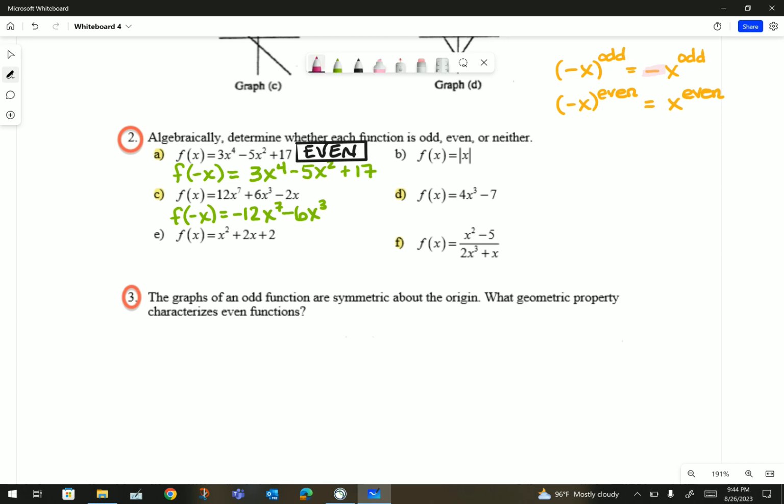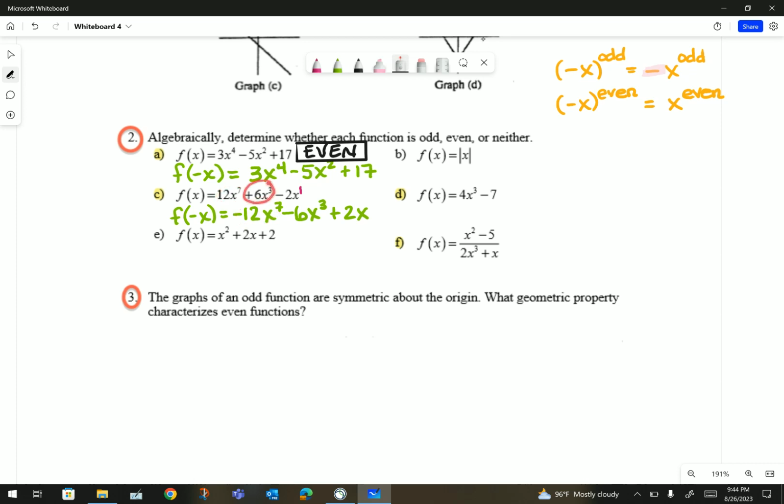Negative 2x to the invisible 1 power. That's an odd number. It's not 0 because it's invisible, it's a 1. Negative 2x to the first power is odd, so it forces that term to become positive 2x. So all the odd number exponent terms end up switching sign. Notice again, positive 12x^7 became negative 12x^7.